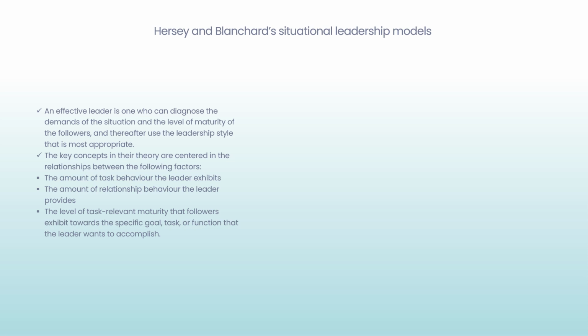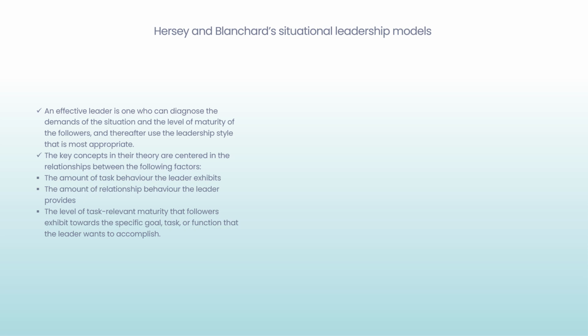This is the task behavior as a leader. Secondly, the amount of relationship behavior the leader provides. Relationship with who? With your followers. How do you interact with them? How do you create enthusiasm in your team?